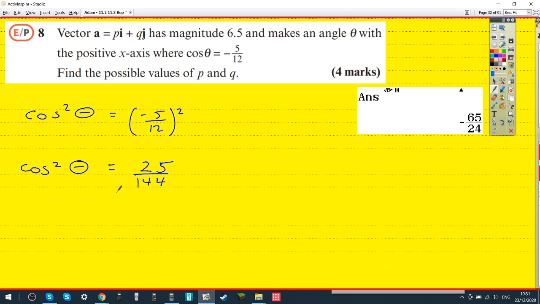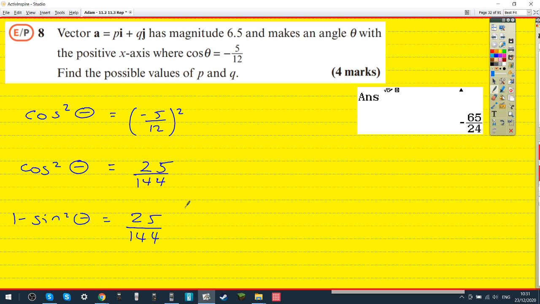How do you swap between cos squared theta and sine squared theta? We need it to become something to do with sine. You need to make cos squared into sine. It would be 1 minus sine. Well done. So that's 1 minus sine squared theta. And now solve that for sine.